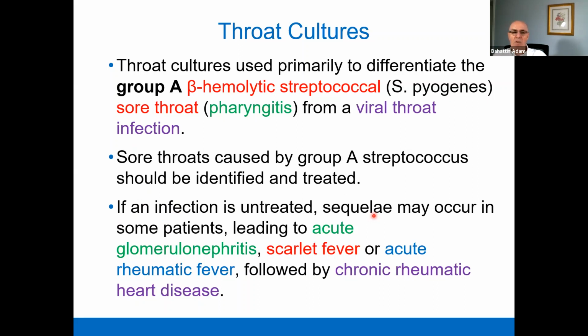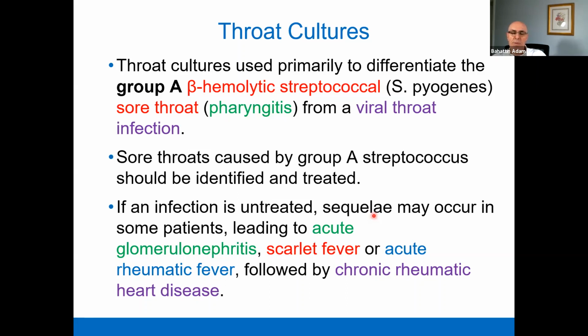It is important because if the infection of the sore throat is untreated, sequelae may occur in some patients, leading to acute glomerulonephritis, scarlet fever, acute rheumatic fever, followed by chronic rheumatic heart disease, which will affect the valves of the heart, especially the mitral valve, in such beta hemolytic streptococcal infections.